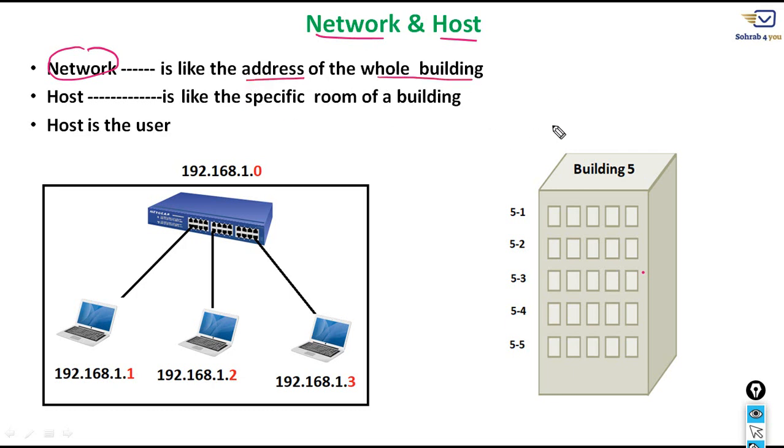Example, now you can see this is a building. Suppose this building number is 5. And each room has its own number. For example, building number 5, room number 1. Building number 5, room number 2, building number 5, room 3. So now you can see 5 is there in each of them. It means this belongs to 5.